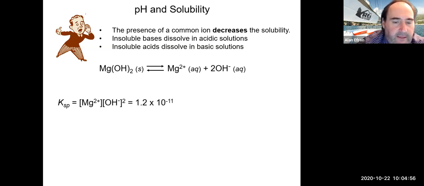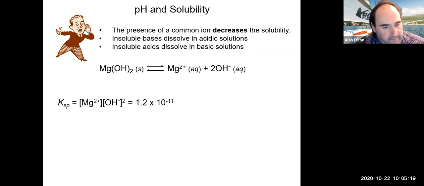So for example here, if we look at this one, that is magnesium hydroxide, and it breaks apart into magnesium plus a couple of hydroxide ions. This particular compound has a Ksp, as we can see here on the screen, of 1.2 times 10 to the minus 11.